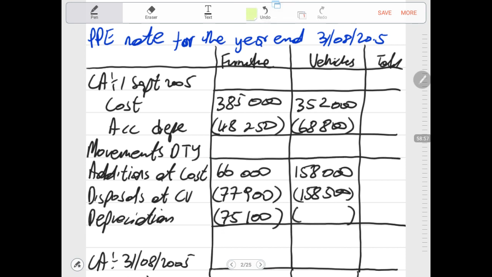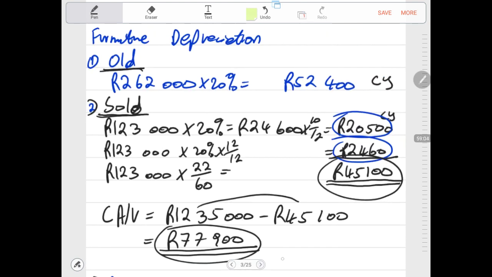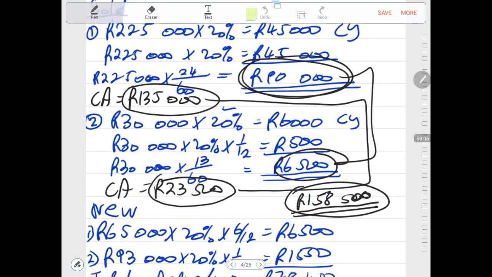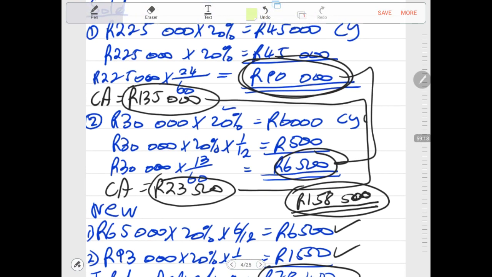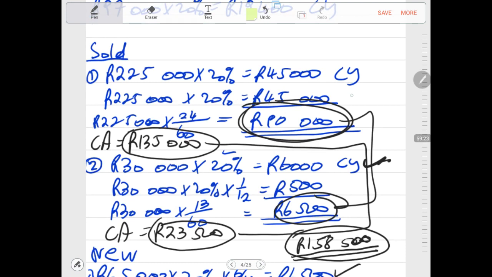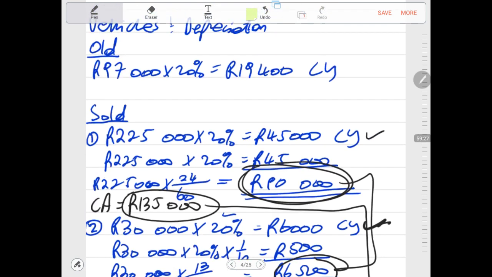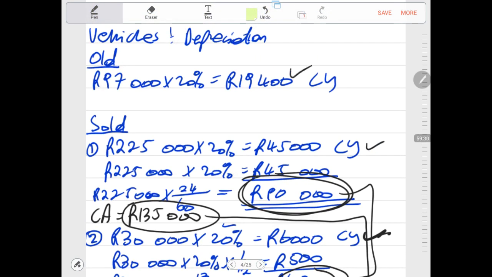Then I look for the depreciation for the current year. Depreciation for the current year was 70,000 something, 70,250 if I'm not mistaken. Depreciation for the current year, or 78,450. I calculated depreciation for the new vehicles, plus the current year only, which was the full year for the 30,000, plus the 45,000 for current year, plus 19,400.